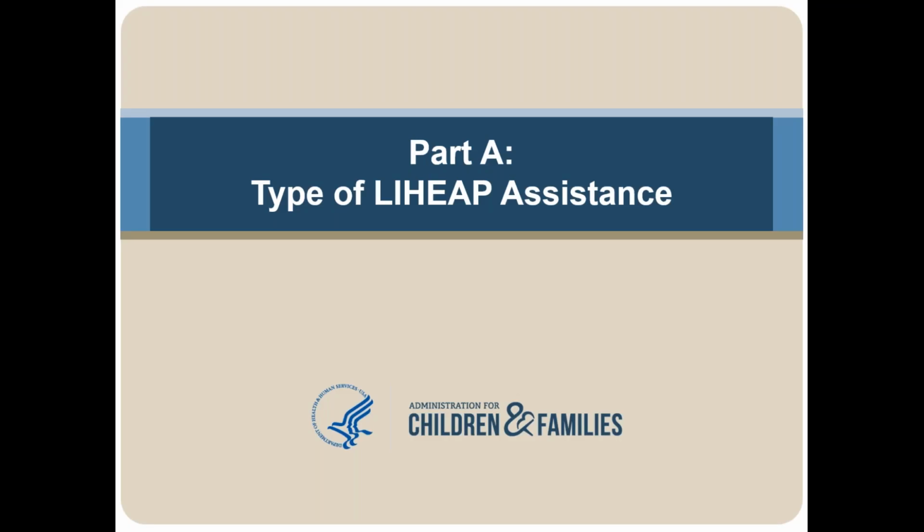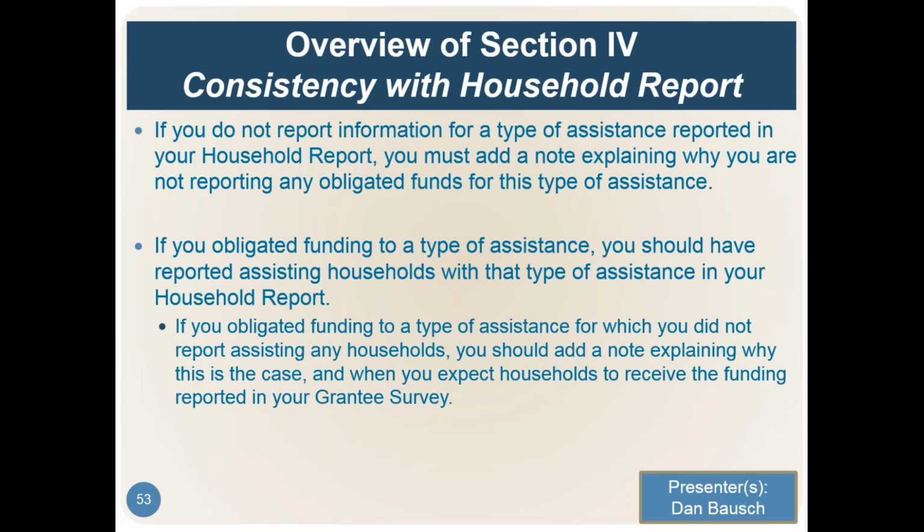If you obligated funding to a type of assistance for which you did not report assisting any households, that would be another scenario in which you would add a note explaining why there are funds reported in your grantee survey, but 0 households that receive the assistance.